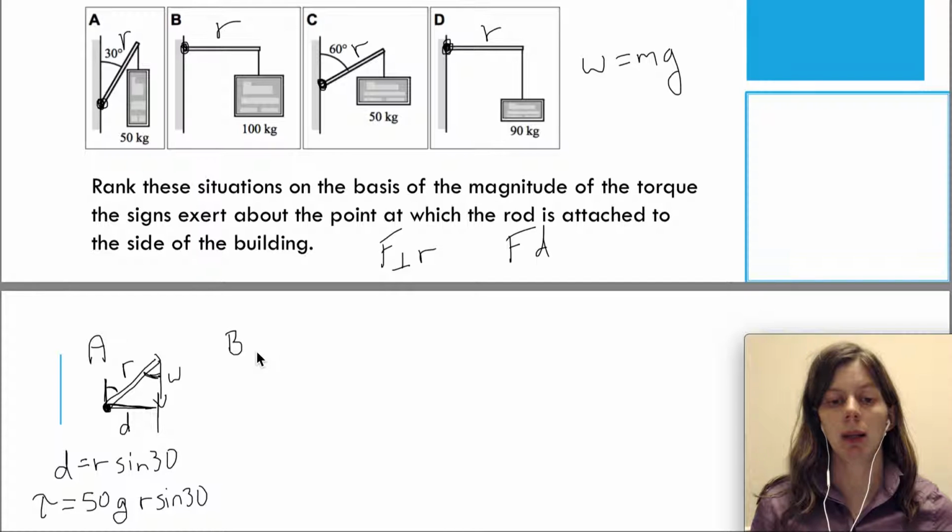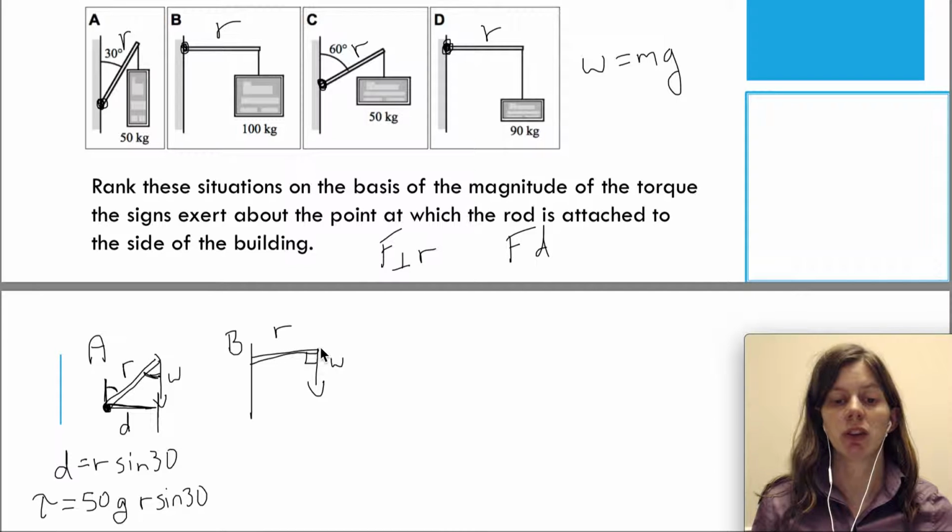Let's take a look at B here. We have the sign here. The weight is pulling down here. And this time the force is perpendicular to the object being rotated. So in that case, you can use either definition because F perpendicular is the same as F, and d is the same as r, right?